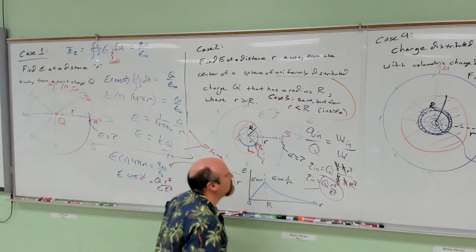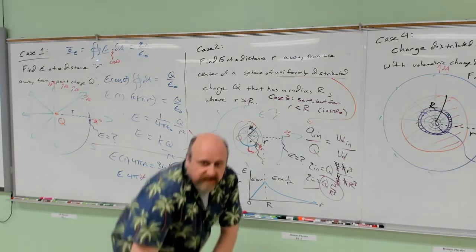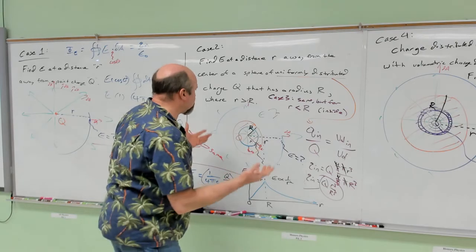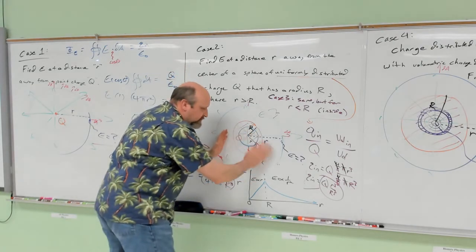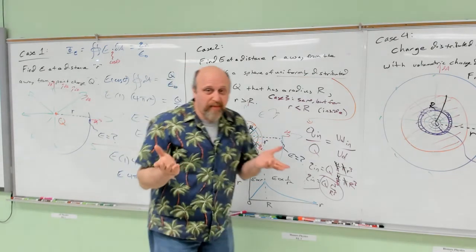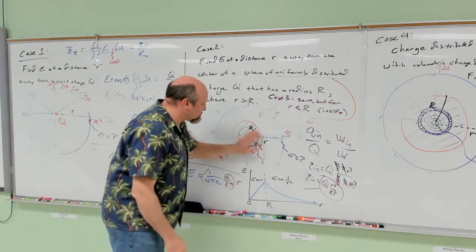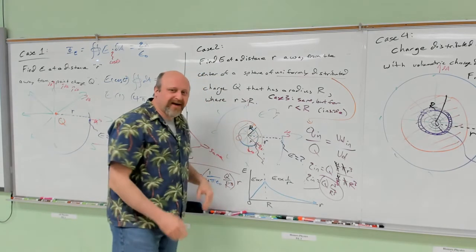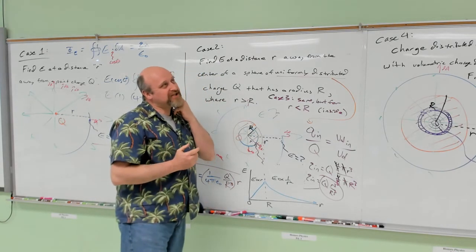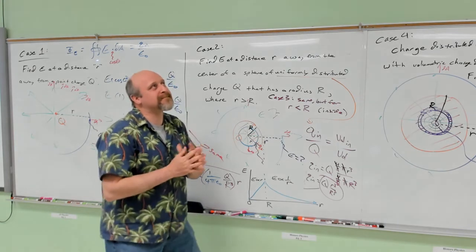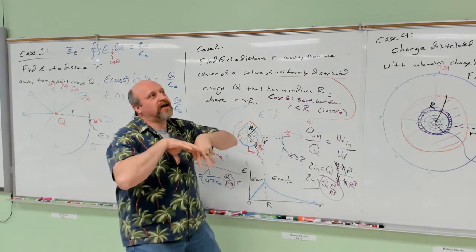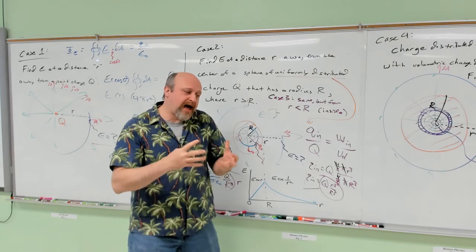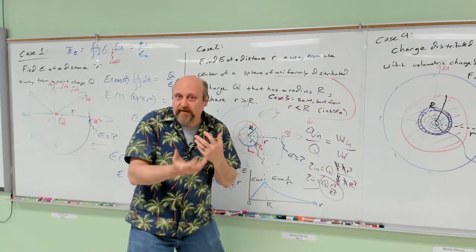Okay. Now, is my charge in spherical geometry always going to be uniformly distributed? Nope. There will be times where it's not distributed evenly through here. In fact, it kind of makes sense if you can imagine I had a fluid and I had like some ionic compound dissolved in it maybe.